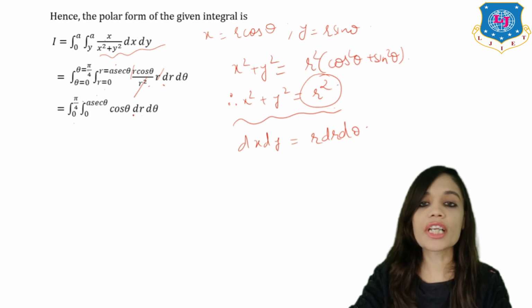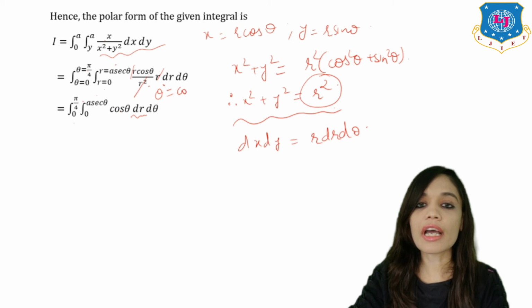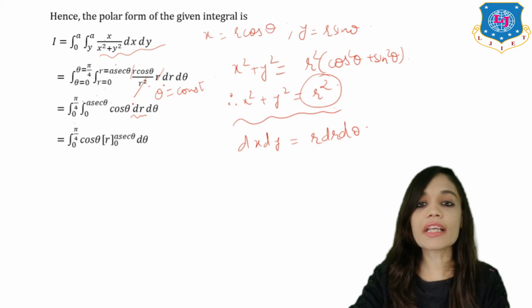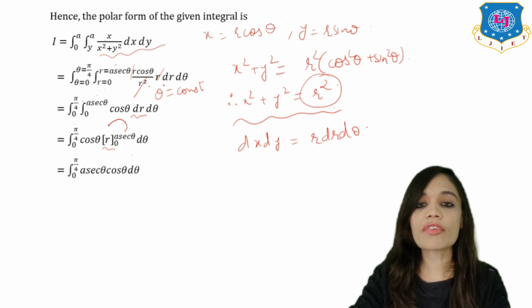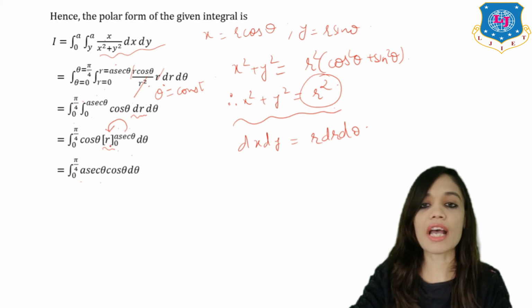So firstly we will integrate with respect to r, keeping theta as constant. So our cos theta will remain as it is, and integration of 1 dr will be r, and your limits are 0 to a sec theta. Now let us put the limit in place of r. Whenever you replace r by a sec theta, you will get a sec theta, and whenever you replace r by 0, the answer will be 0.